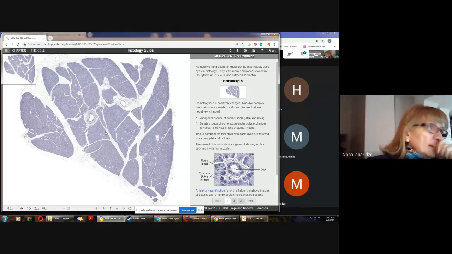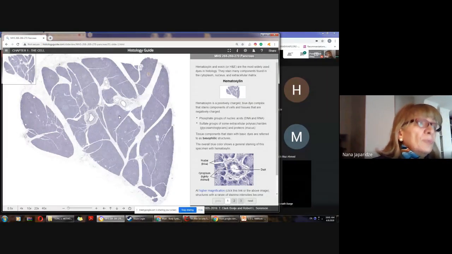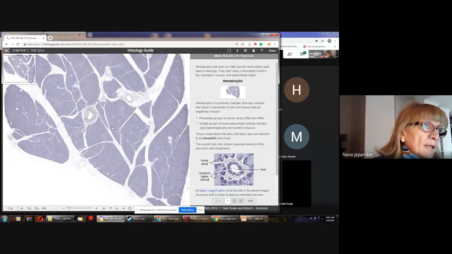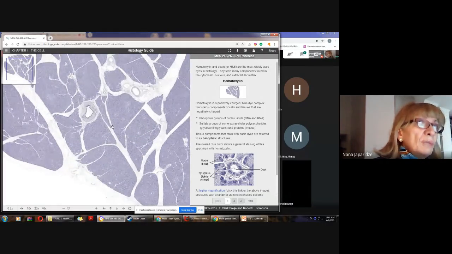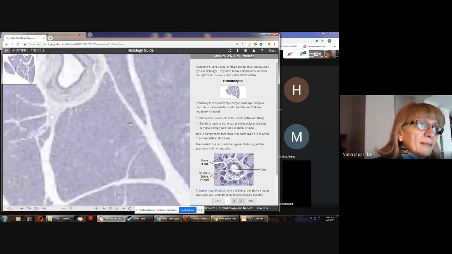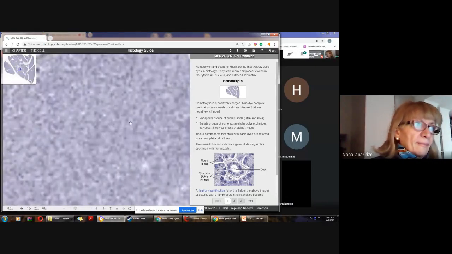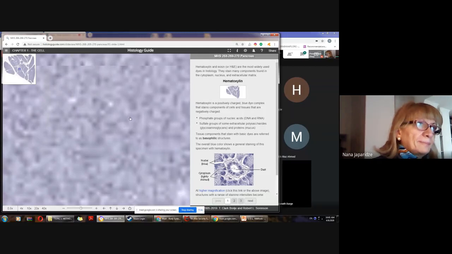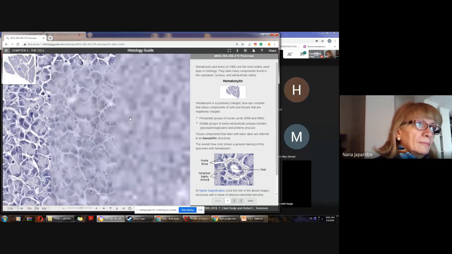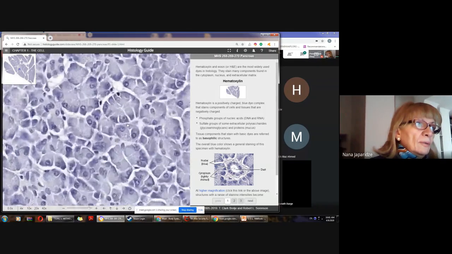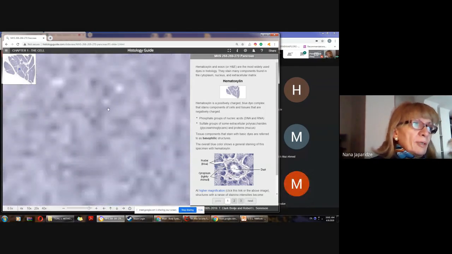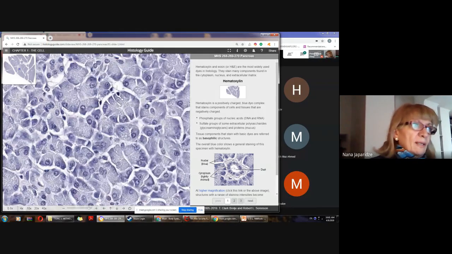To identify cells, we have to magnify the image. Light microscopy resolution power is quite high because we can see cells here: conglomerates of cells, groups of cells.